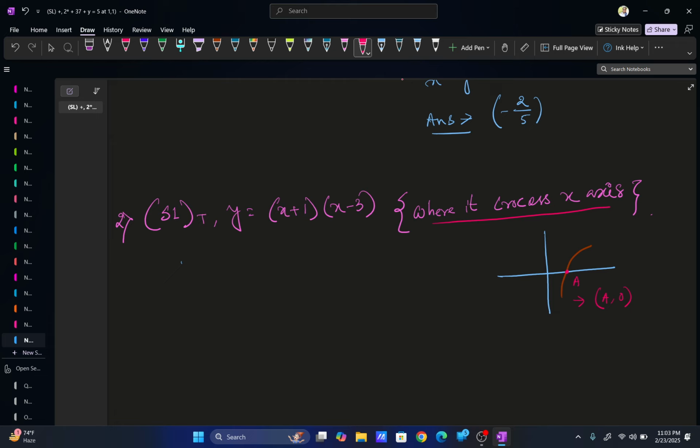Then what is our approach? In every case where these types of questions are given, at first we take the derivative of this curve.